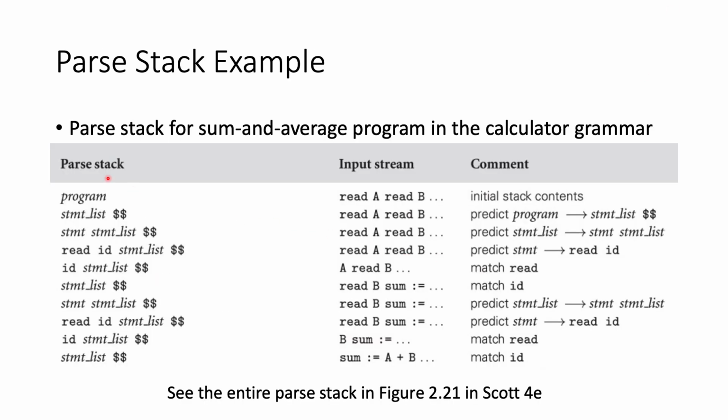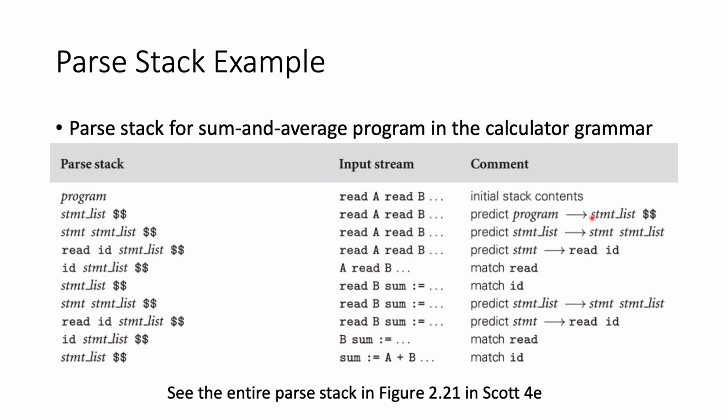Here is an example of a parse stack, which is for the sum and average program in the calculator grammar. Initially, we push program onto the stack because program is the start symbol of the calculator grammar. So the top of stack is now program, which is a non-terminal.